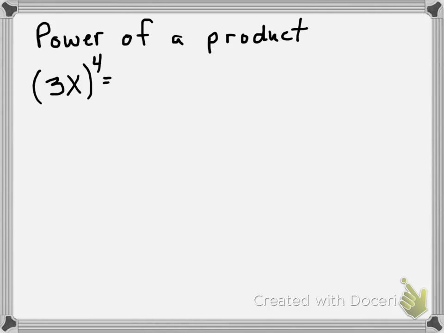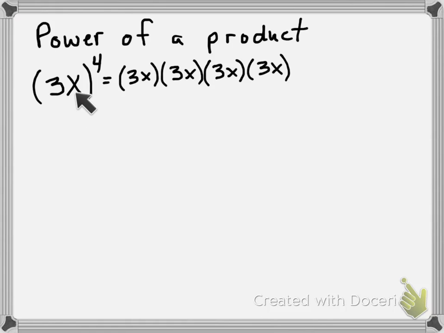Okay, so let's look at what that really means. 3x to the 4th power really means 3x times 3x times 3x times 3x. Okay, because this means we have 3x multiplied times itself 4 times.